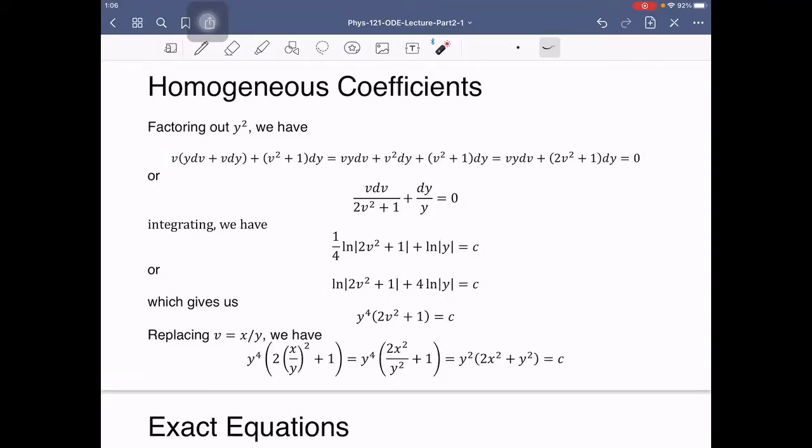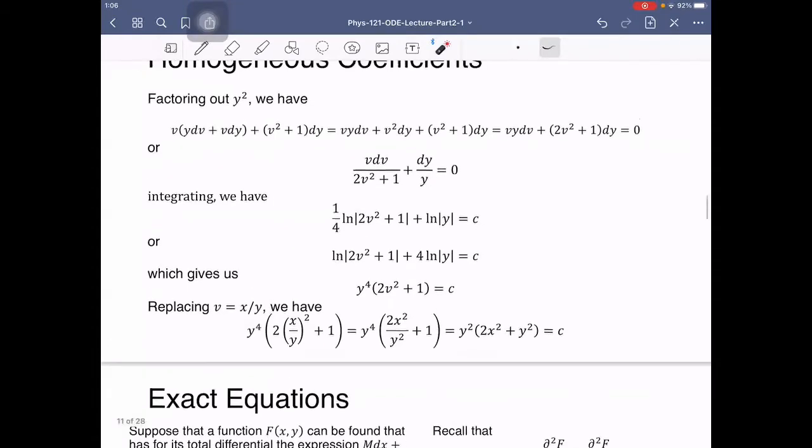I just would like to note na if nag-multiply ka ng 4 dito, this is 4c, magiging 4c, no? Pero we can still write that as c kasi constant lang naman. So it's just a matter of preference din. So of course, magiging iba yon kapag if we want to get the exact value ng c. Okay? Pero in this case, we are just getting the general equation. So pwede natin gamitin lang yung c.